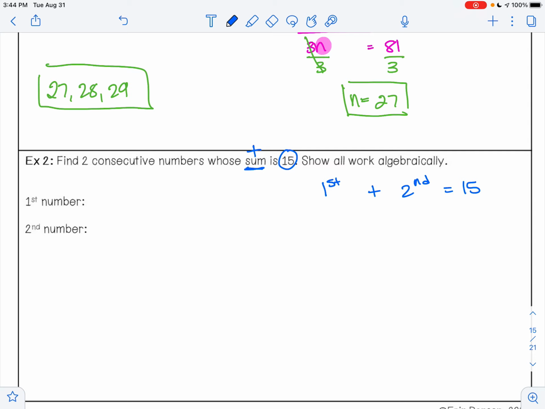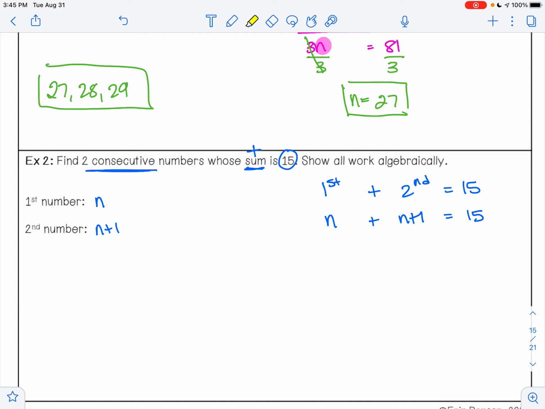I don't know what the first number is, so I'm going to let that be n. I know that the next number is consecutive, so the second number needs to be n plus 1. So I'll have my first number plus my second number, and that's going to equal 15.